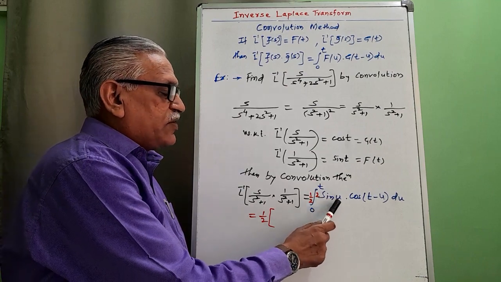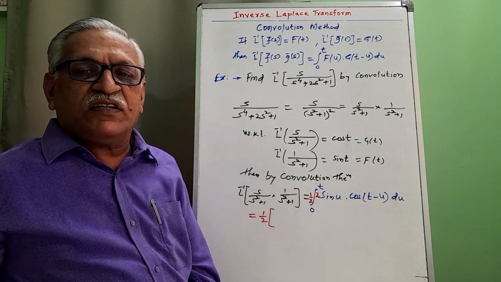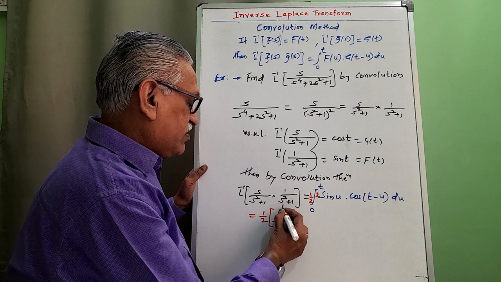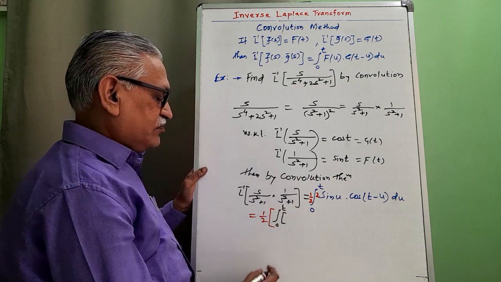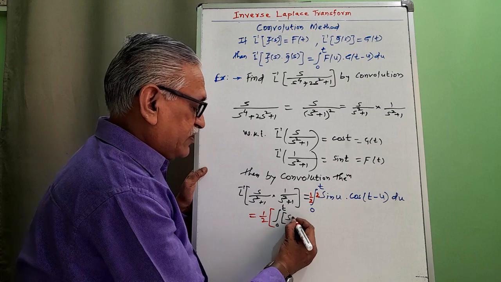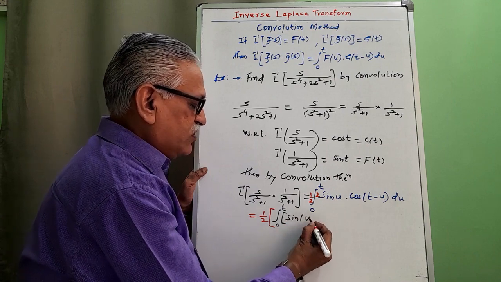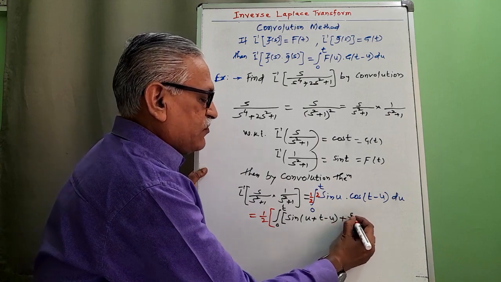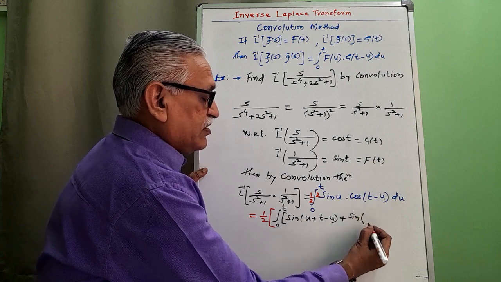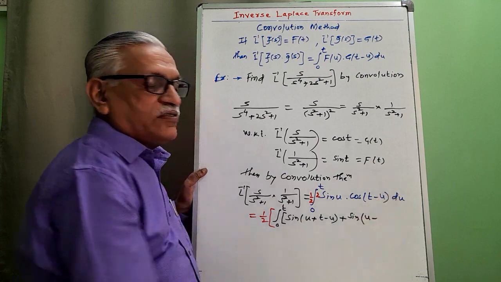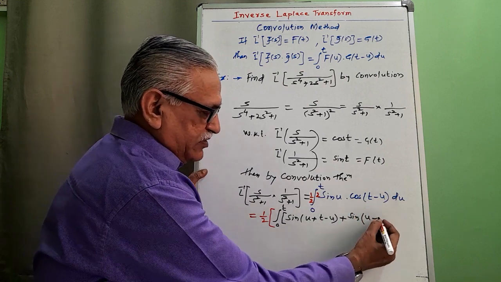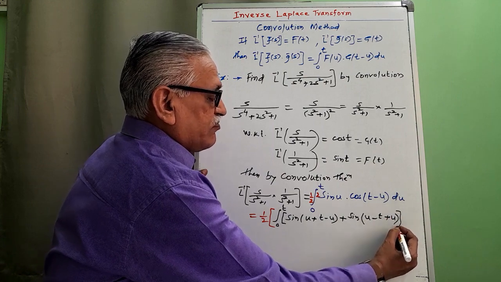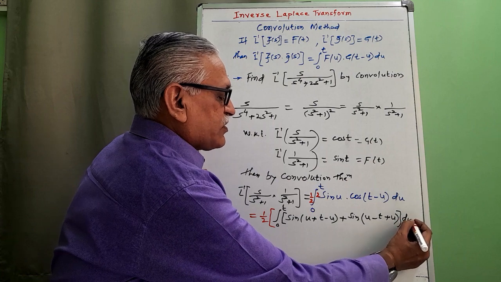We have the formula 2 times sin a cos b as sin a plus b plus sin of a minus b, and therefore it becomes integration from 0 to t of sin (a plus b), where a is here u, b is t minus u, plus sin of (a minus b), which is u minus this. Therefore, when you multiply by minus sign, this becomes minus t and plus u, and then its integration with respect to u.